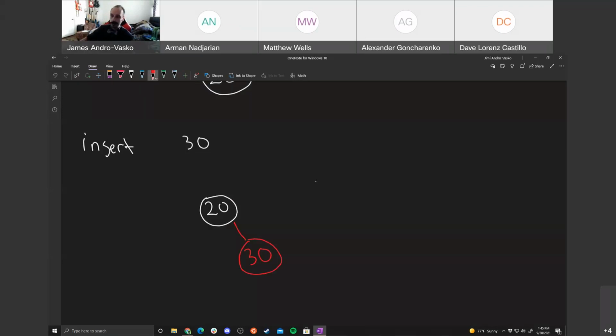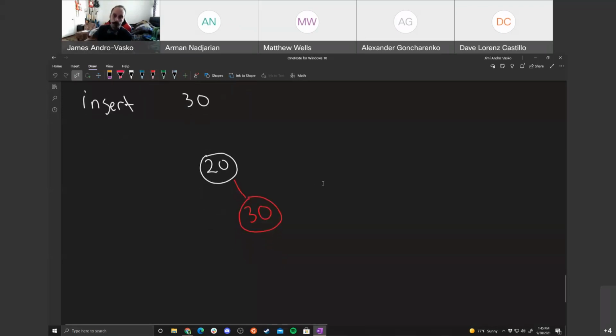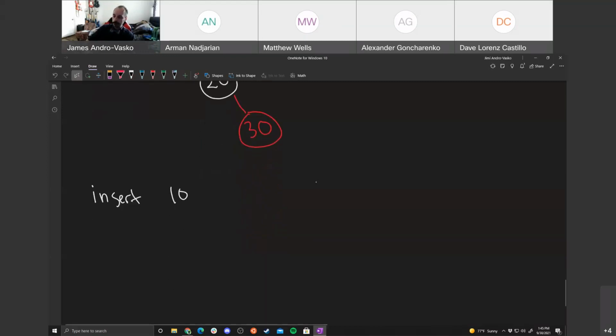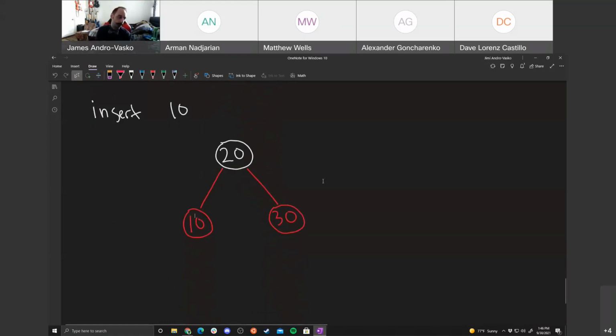We don't have this problem, which is our only restriction in this case. Then I'll insert 10 next. Going back to our previous tree, we have 20 over here. We have 30. Inserting 10 would go right over here and does not violate our red-black tree order. So we're definitely good right here.